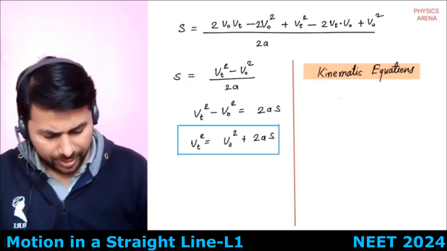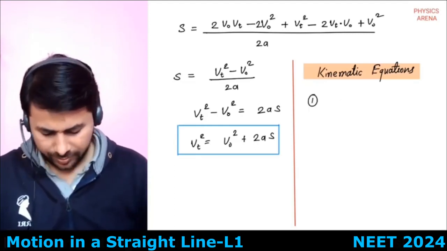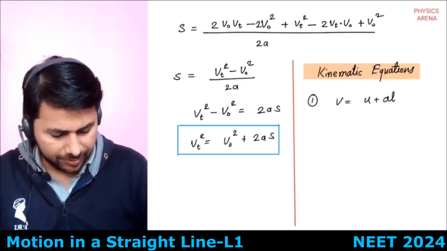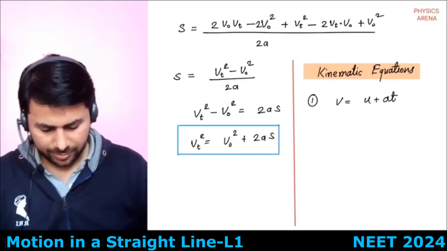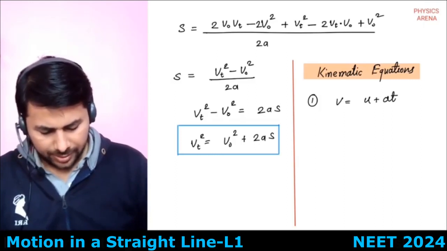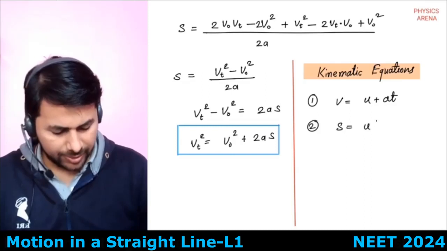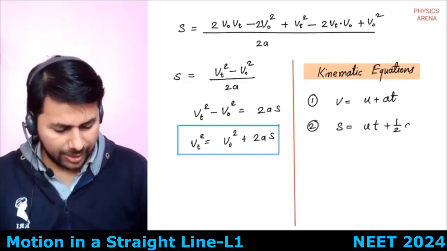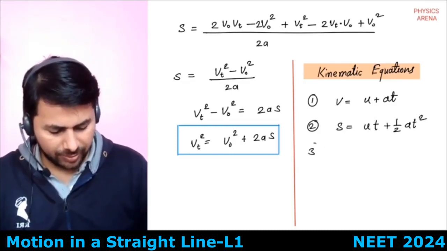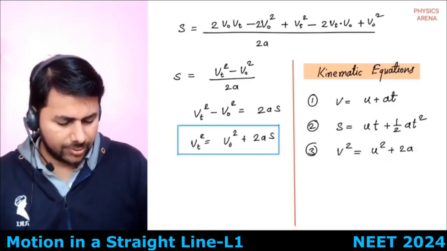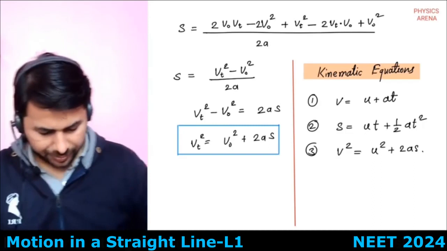The first one is v equals u plus at. The second one is s is equal to ut plus half at square, and the third one is v square equals u square plus 2as.